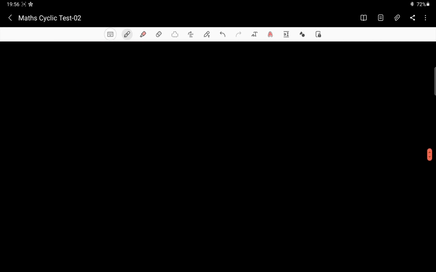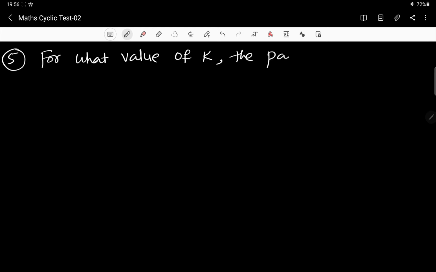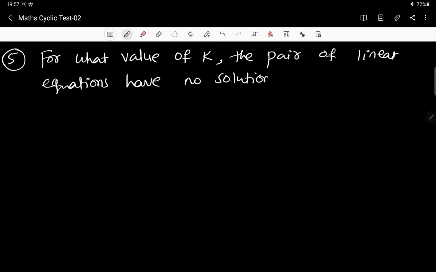Let us move on to the fifth question. These were multiple choice questions. Now we have some, I think 2 mark questions. The fifth question is like this: for what value of k does the pair of linear equations have no solutions?